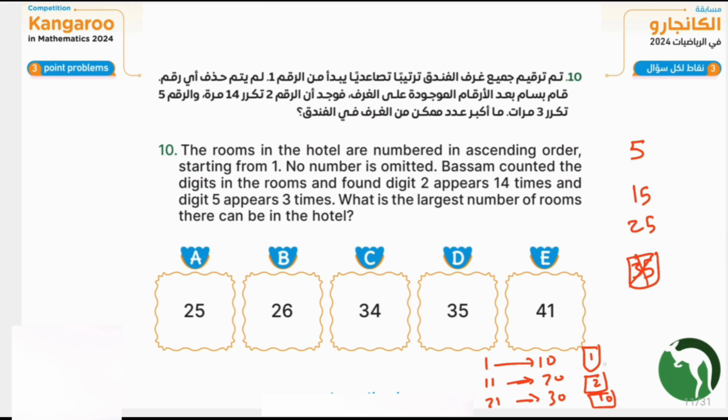Okay, now we have 13 digits of 2. We still need another 2, so from 31 to 40 it is repeated 1 time, but we know that we don't have 35, so it will be from 31 to 34, and C is the correct answer.